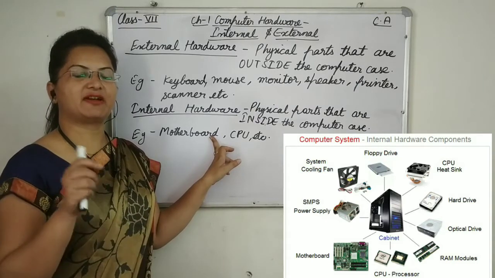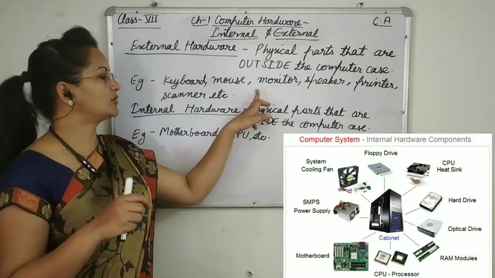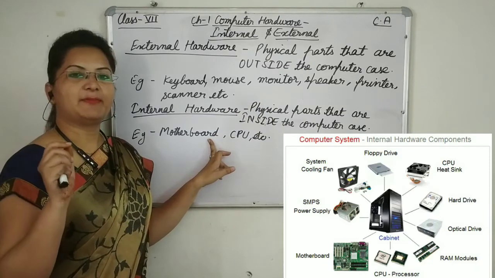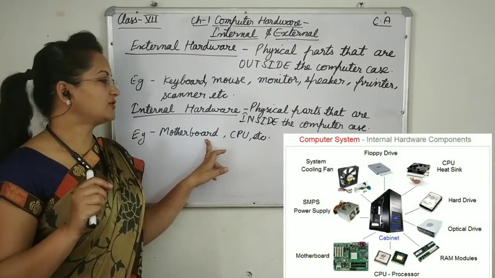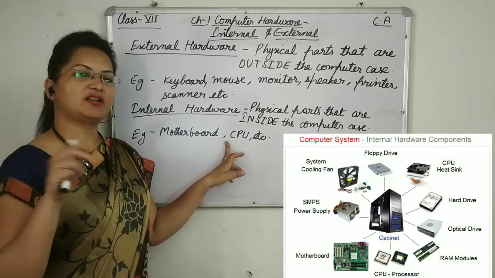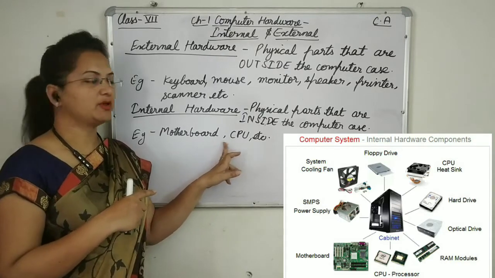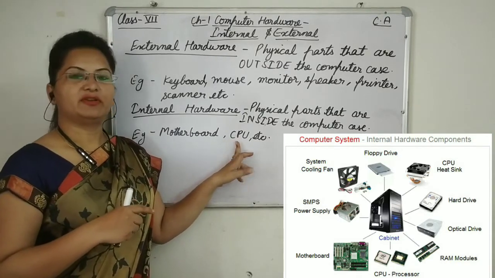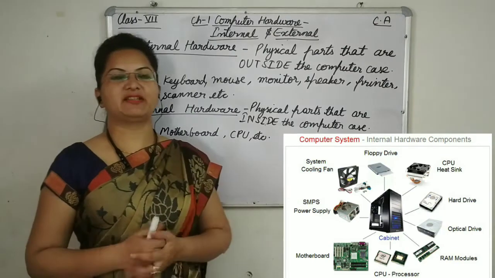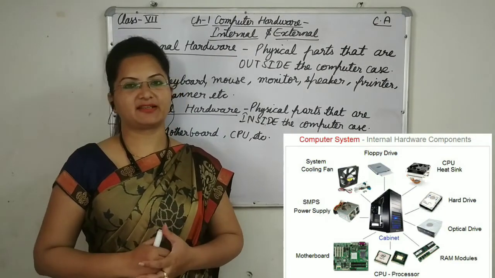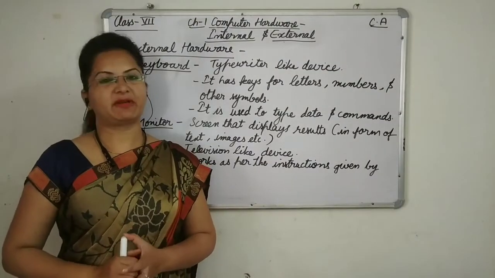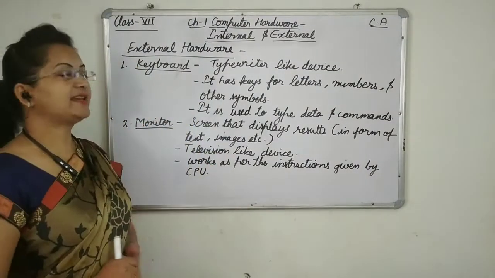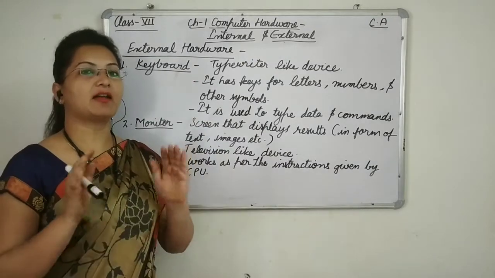Everything, devices which are outside the computer are also connected with the help of USB ports with the motherboard. Okay, so motherboard is inside the computer. All devices are connected with the motherboard and CPU, then RAM, and there are many such devices, SMPS, etc., which is inside the computer.